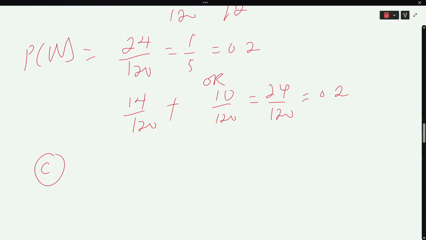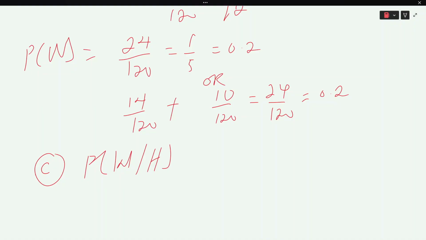Probability of win given held is equal to the probability of win and held divided by the probability of held. So here, given becomes the what? The denominator. Anytime you are considering the given, it becomes the denominator.